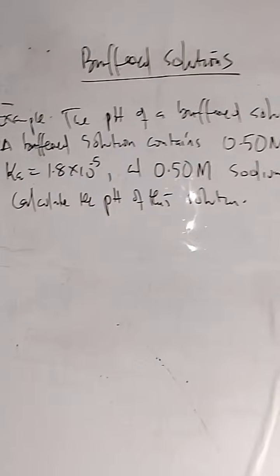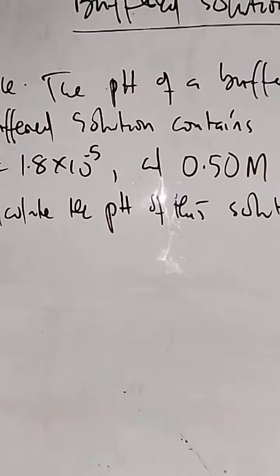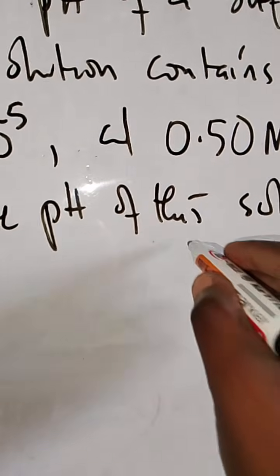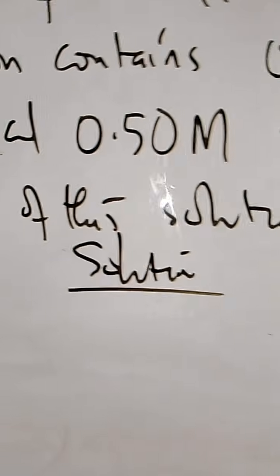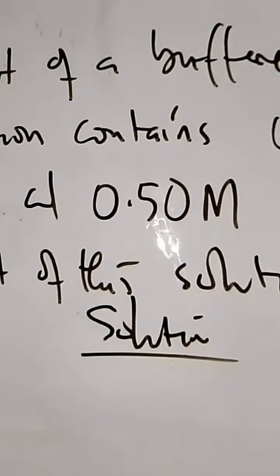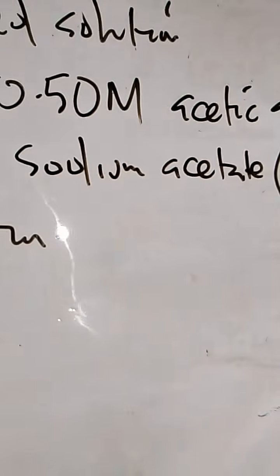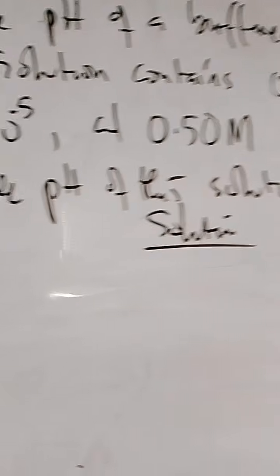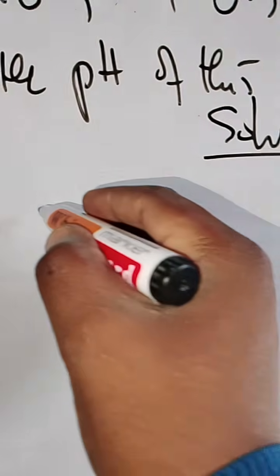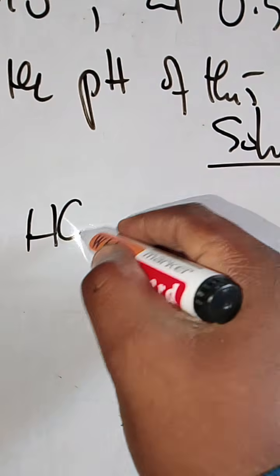Okay, so now we calculate the pH of the solution. Okay, so here we have the weak acid, that is acetic acid, and its salt, sodium acetate. So we can straight away write the dissociation equation.